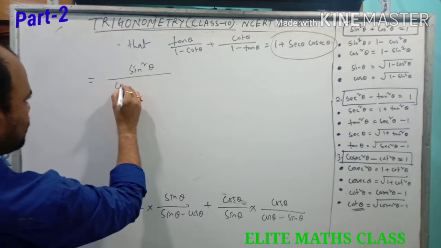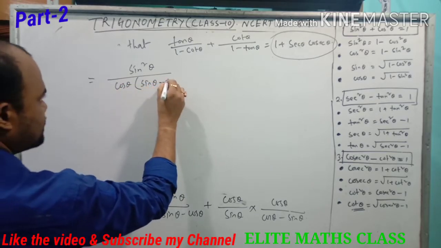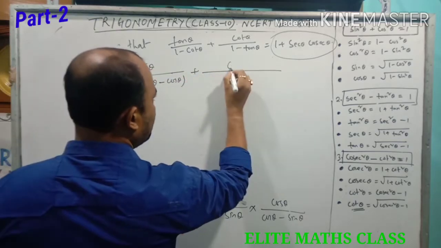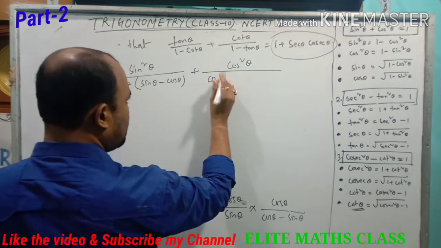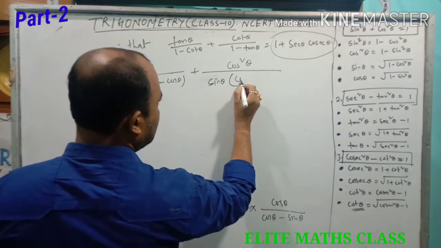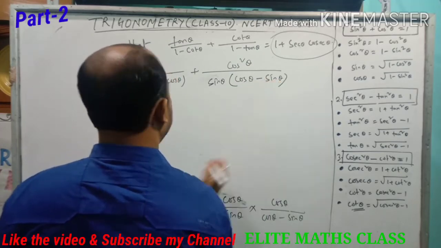Here it is cos theta into sin theta minus cos theta, plus cos square theta by sin theta into cos theta minus sin theta.